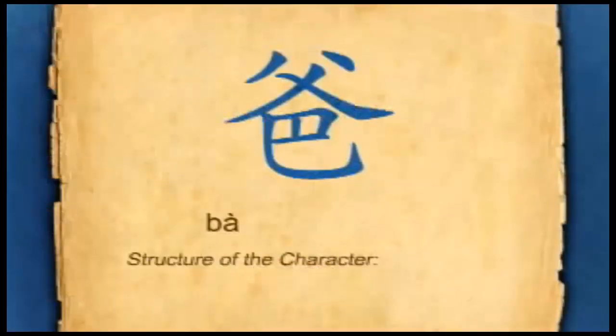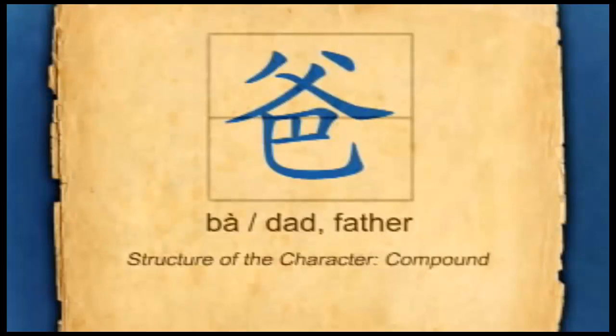Today, we have 3 new characters to analyze: 爸, 妈, and 哥. Let's look at 爸. You know it from the word 爸爸, meaning dad or father. What type of structure do you see? Very good. The structure is compound.